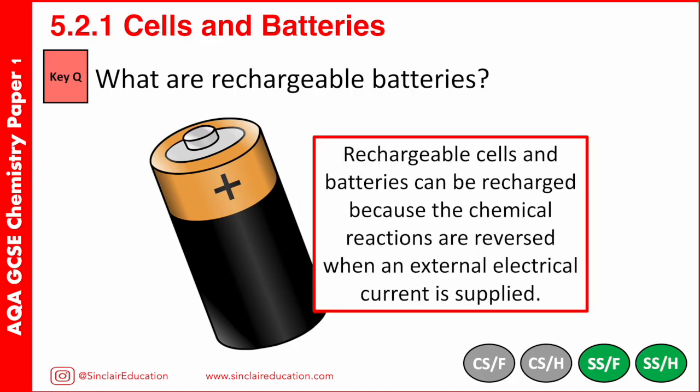However, in rechargeable batteries, what we can do is use electricity when we recharge that battery to reverse the chemical reaction that's taken place, and in doing so, when we remove that electrical power supply from the recharger, the original reactants are back and can react again to generate a potential difference. When the battery runs flat, we put it back into the power supply, it will reverse the chemical reaction and hopefully send us back to where we started.